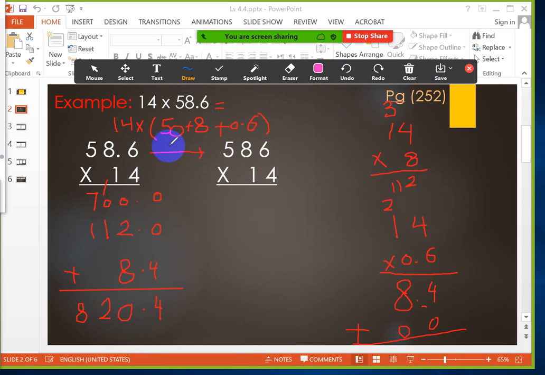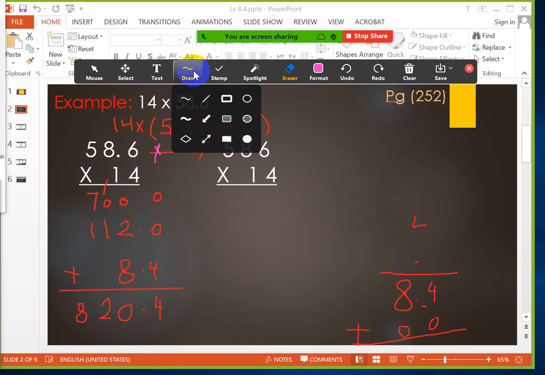You remember, I will multiply this number with a pattern like this. Okay, I will erase this. So I will multiply this number with a pattern. Which pattern will I choose here? I have only one digit after the point. So to remove this decimal point, I have to multiply it with 10.